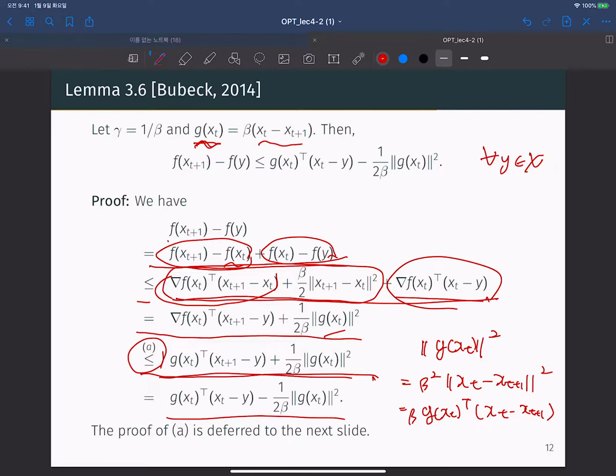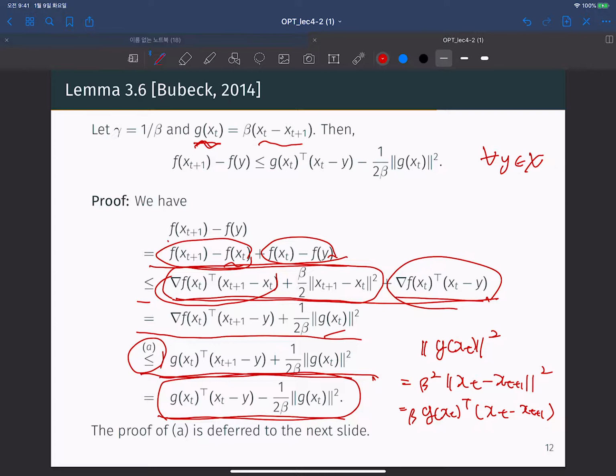So here we subtract 1 over beta times the norm of G(x_t) squared and add 1 over beta times the norm of G(x_t) squared. Then in the end we have this.